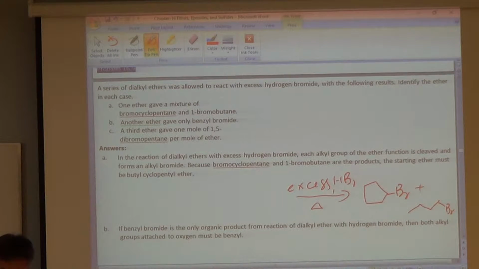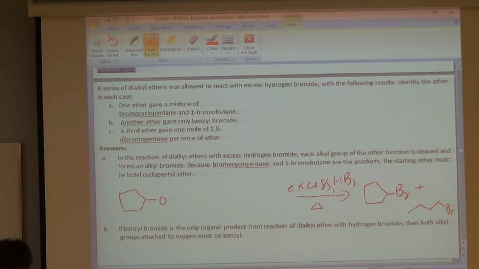So then you want to reconstruct your ether. As in the last example, when you have the ether reacting with HBr with heat, both carbon-oxygen bonds break. So this ether is actually the cyclopentyl butyl ether.